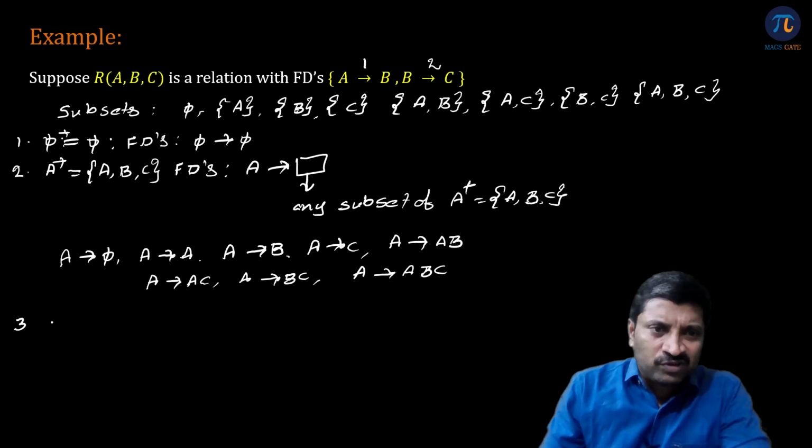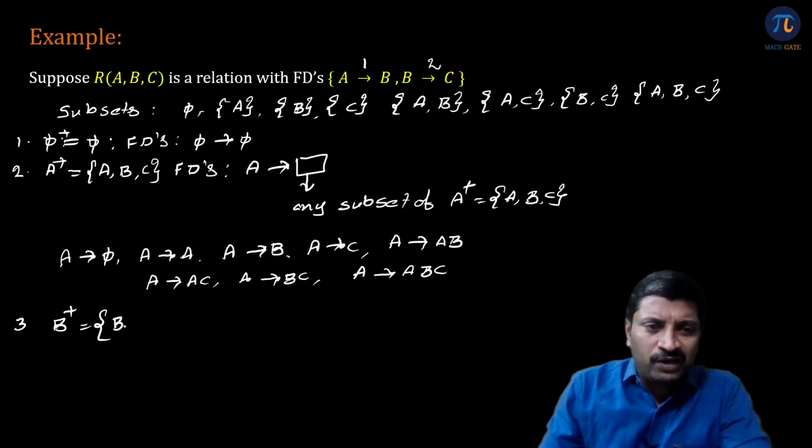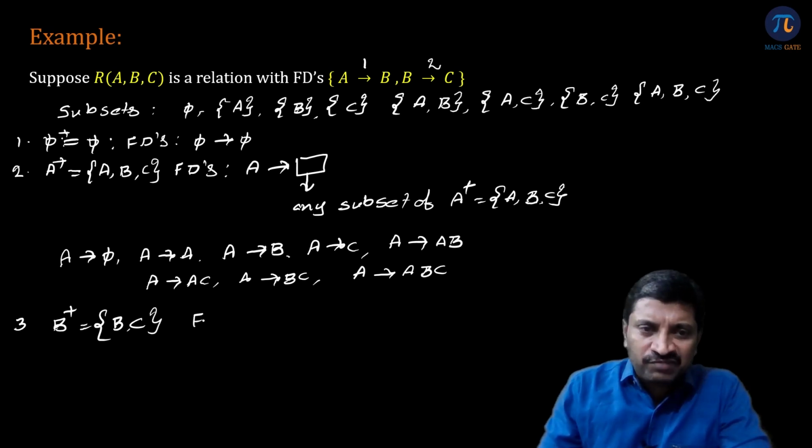Suppose instead of this one, I want to find the closure B plus. Okay. So what is B plus closure, sir? With B, I can find B. With B, I can find C also. So the closure contains only 2 elements. So what are the functional dependencies, sir? With B on the left side, what can you write on the right side?